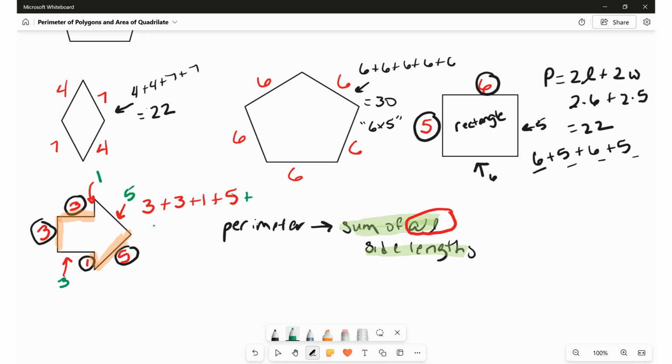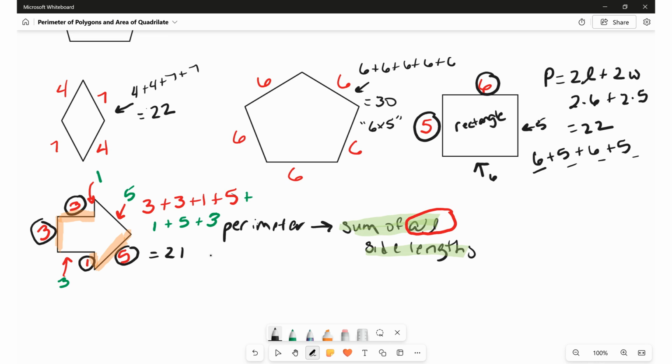So plus 1 plus 5 plus 3. And we get that the perimeter of this one is 21 units.